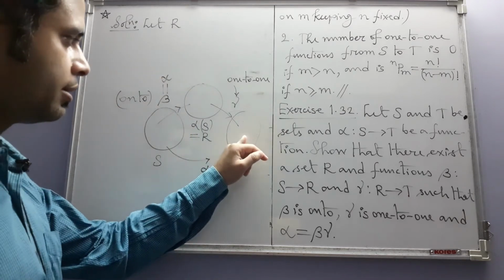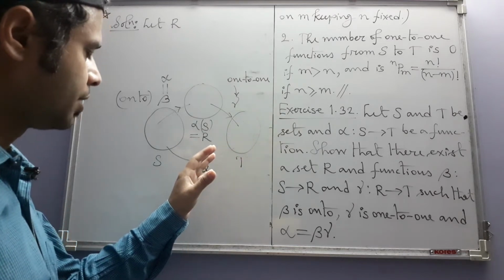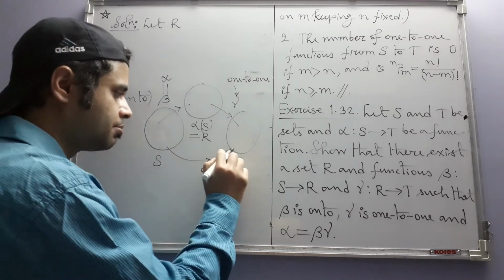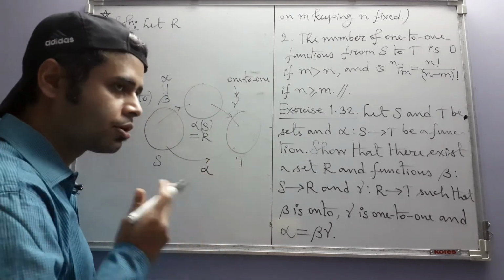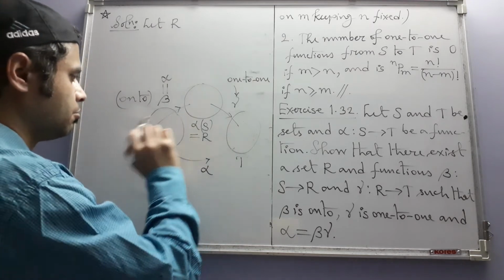So originally the possibility of alpha not being onto is now gone. Why?